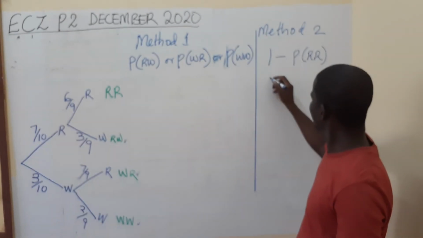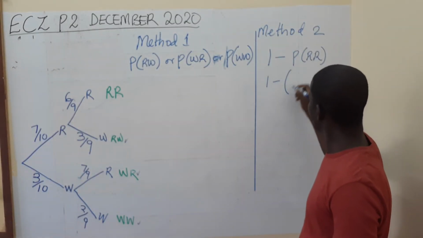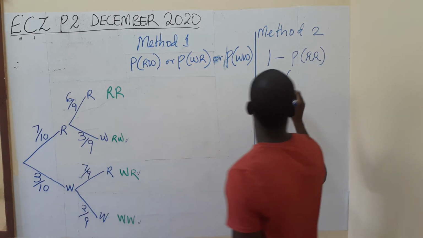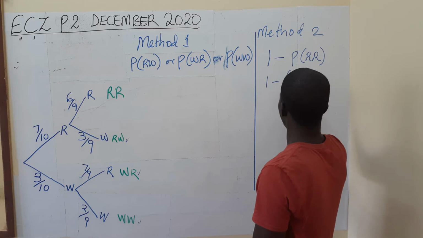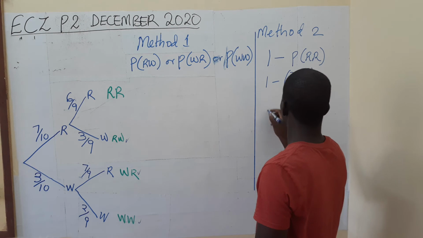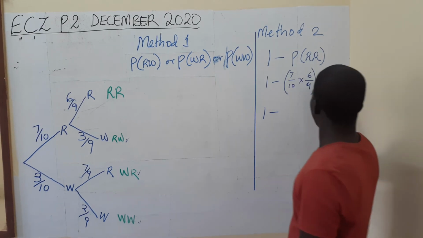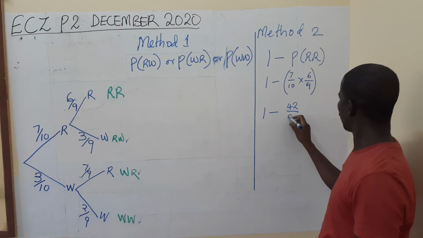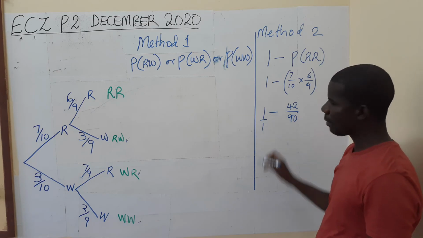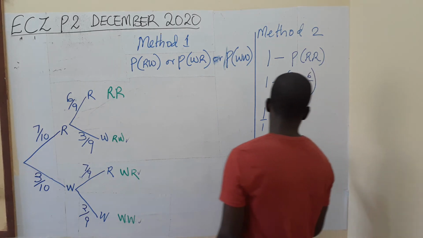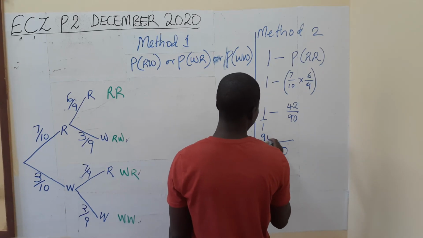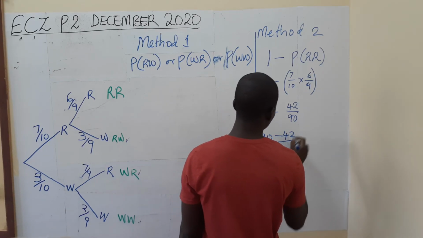So this is going to be 1 minus the probability of, what is it that we're going to get here? Remember, it's going to be 7 over 10 multiplied by 6 over 9. This is going to be 42 over 90. Here we have 1, which is 90 over 90, minus 42.